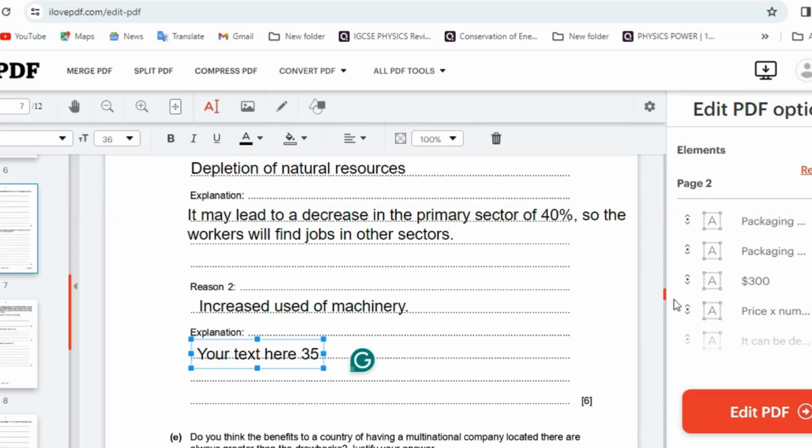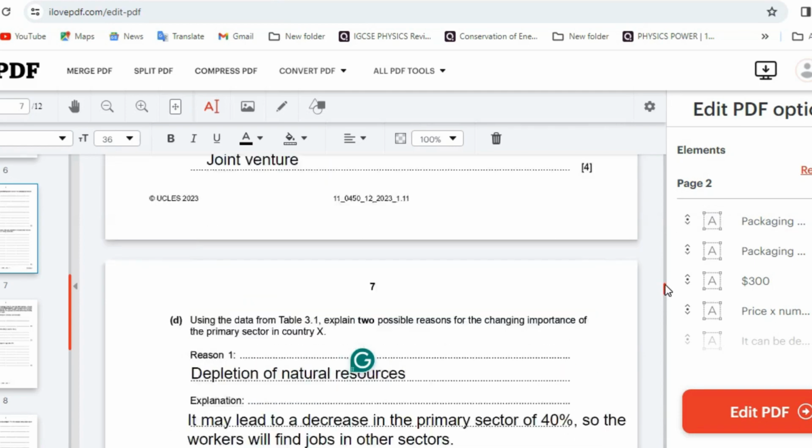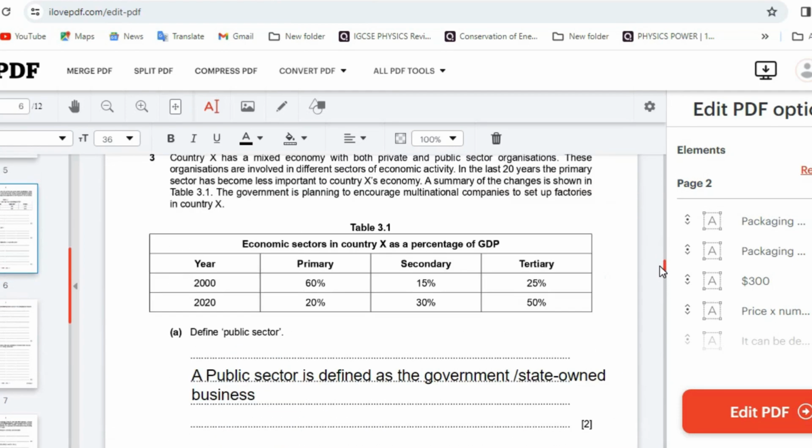And that is the reason why the primary sector is only 20% in 2020. As you can see, in the year 2000 here, there is no increase in the machinery. That is why they are having the 60%.